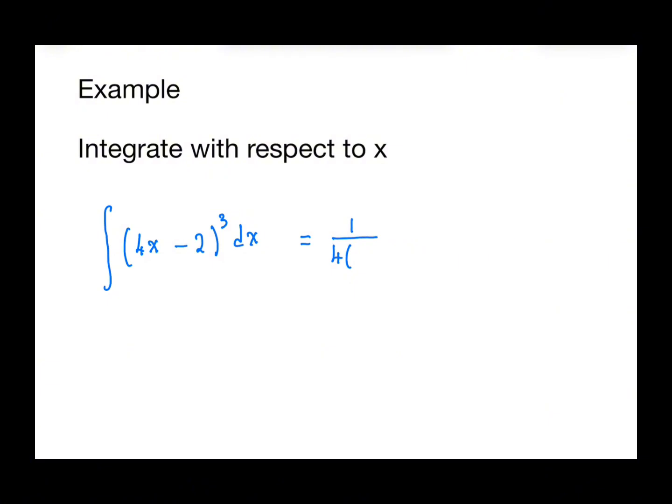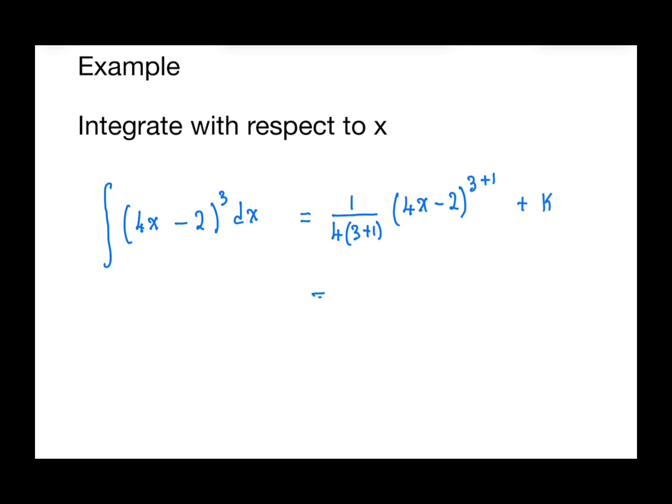So we have to increase the power by 1, that is 3 plus 1. All of this into 4x minus 2 all to the power of 3 plus 1 plus the constant k. So this is going to be 1 over 4 times 4, all of this into 4x minus 2 all to the power of 4 plus the constant k.